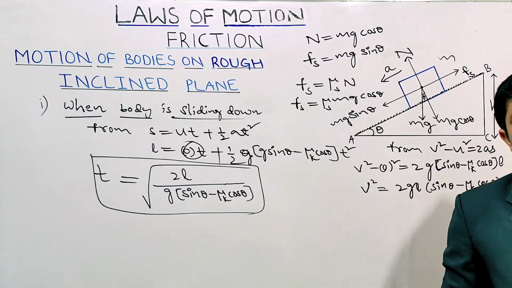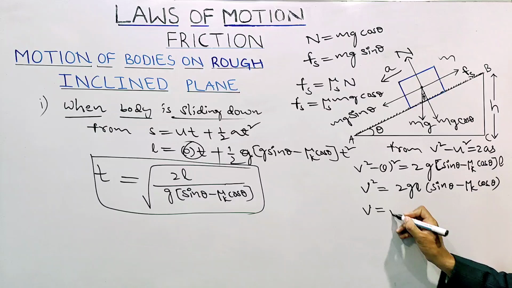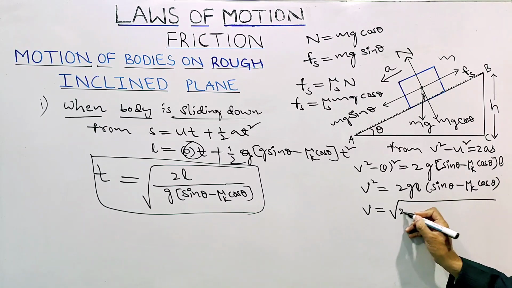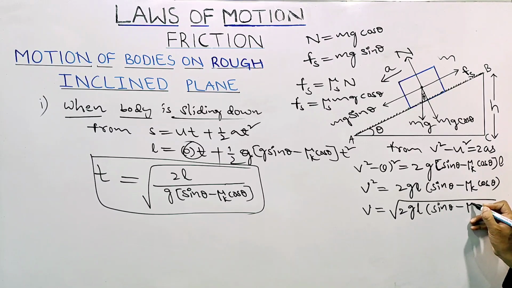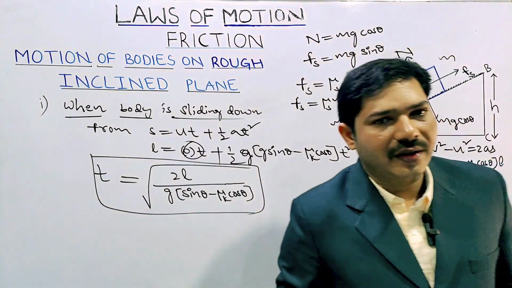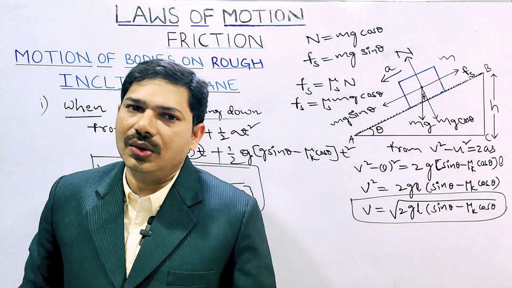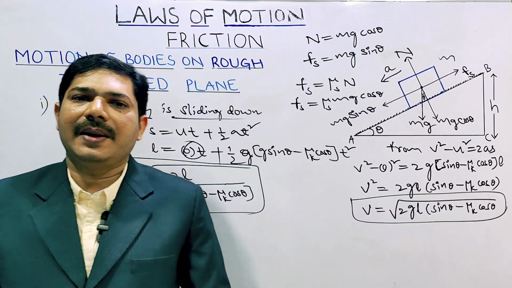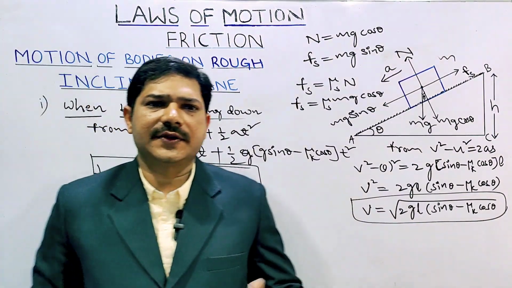Taking square root on both sides, v equals under root 2gL into sin theta minus mu k cos theta. This is the velocity while reaching the bottom. For sliding down, these are the formulas we observed.